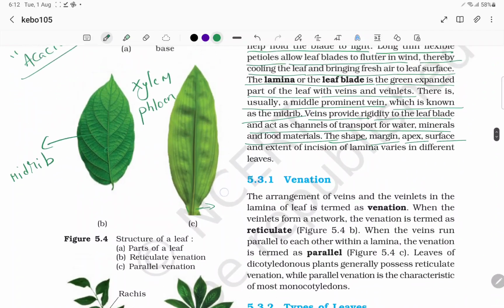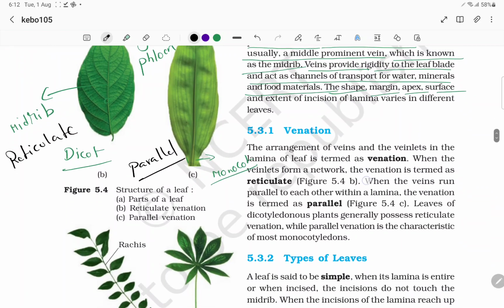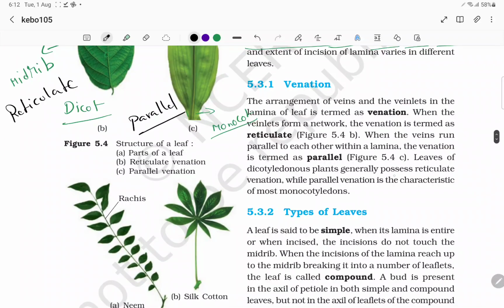What you are seeing here is a dicot leaf, and this is a monocot leaf. The dicot leaf has reticulate venation, and the venation you are seeing here is parallel venation. Leaves of dicotyledonous plants generally possess reticulate venation.